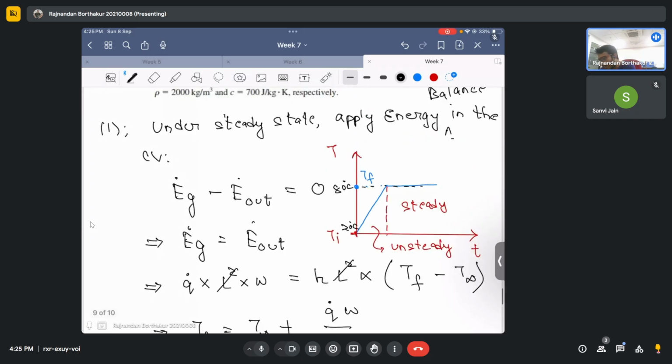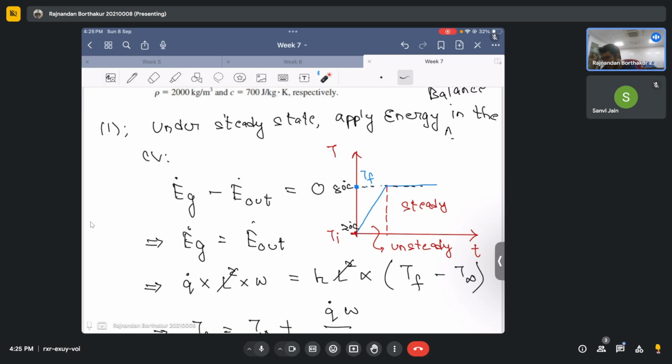So just be clear that this is not a linear profile. In fact, I don't know, because there is heat generation inside this chip as well. You cannot directly say that it will be an exponential profile, and we'll see why this is not an exponential profile, and why the direct formula of lumped capacitance, theta by theta i equal to exponent of Biot times Fourier, cannot be directly applied here. We will see that shortly.